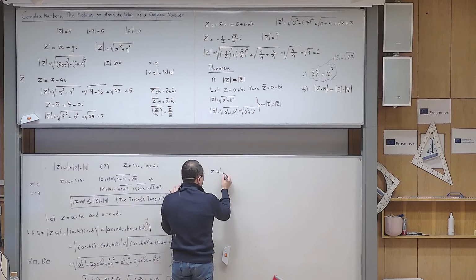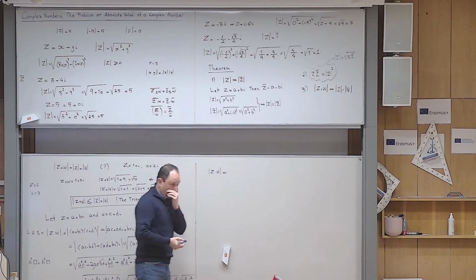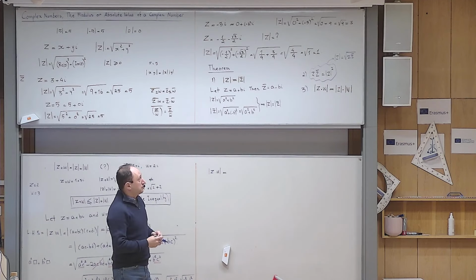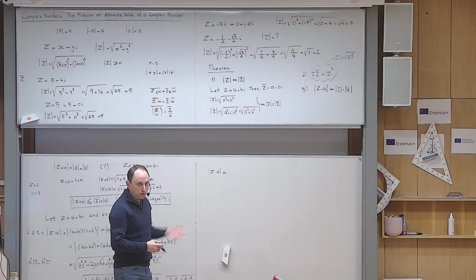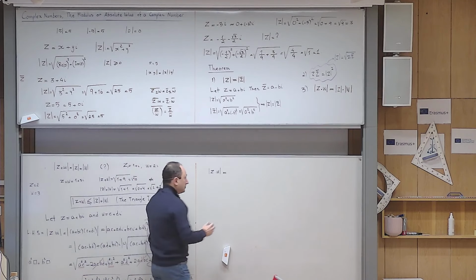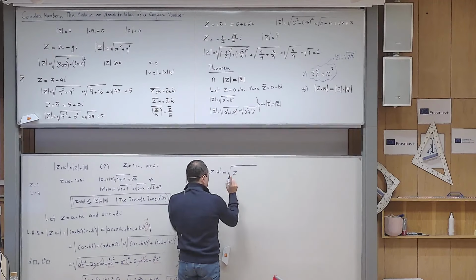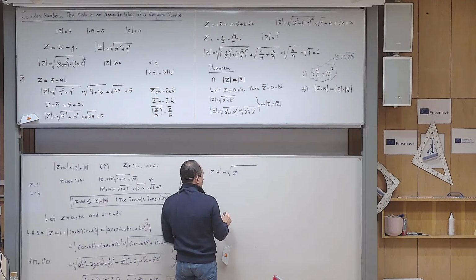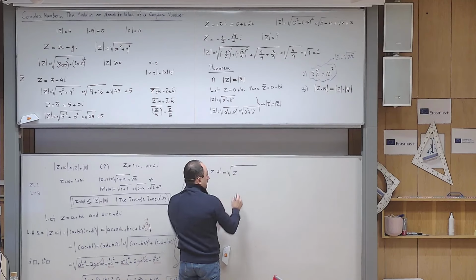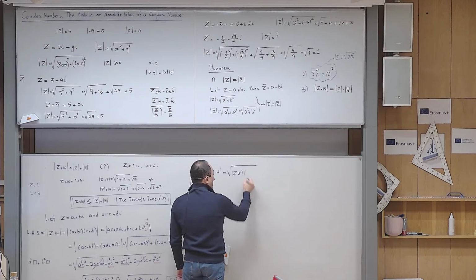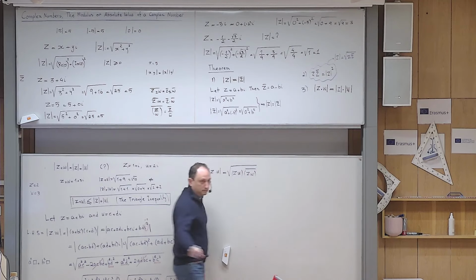Okay, I want to wait for you. What should I write? Absolute value of any complex number like z is equal to what? The square root of z times z bar. No, don't jump. Yes, absolute value of zw is the square root of zw multiplied by the conjugate of zw.